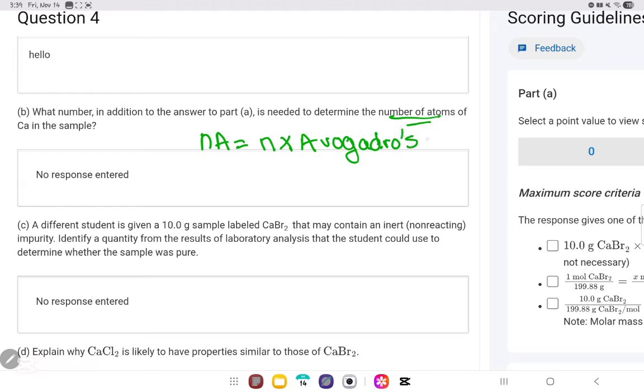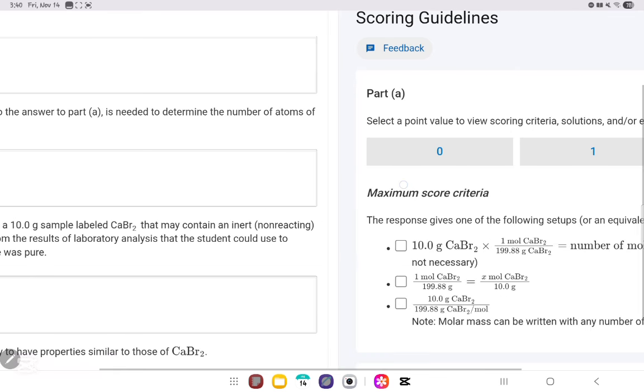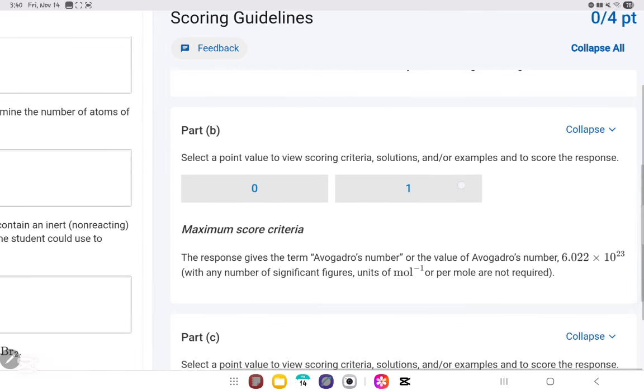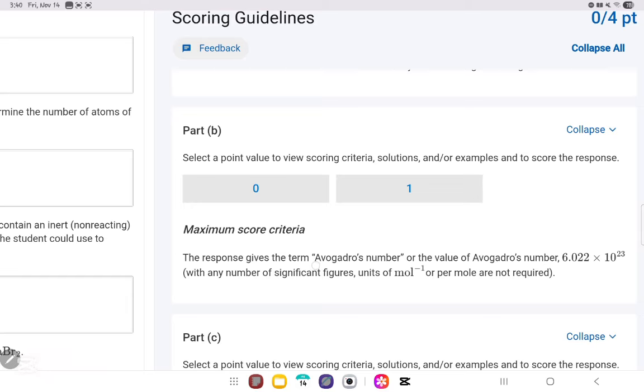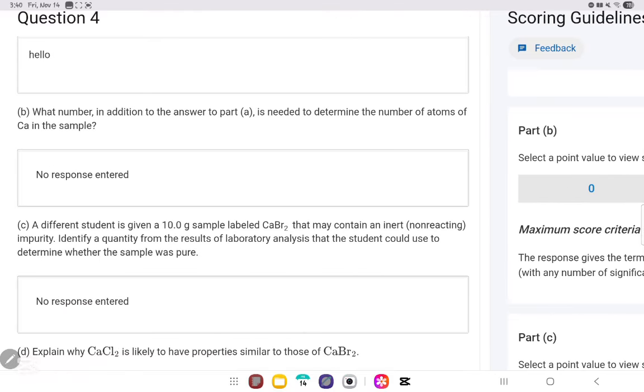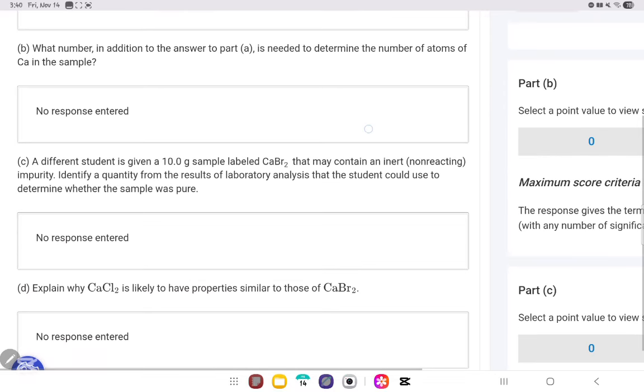We have the number of moles from above, and the missing information is Avogadro's number. They said the response gives the term Avogadro's number. So you can say we need Avogadro's number, which is 6.022 times 10 to the power of 23, in order to find the number of atoms of Ca in the sample.